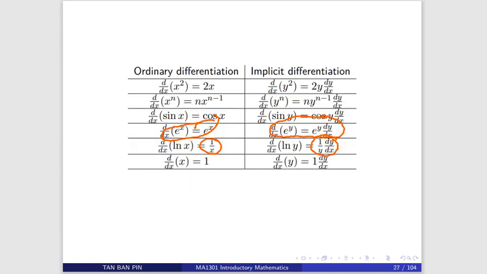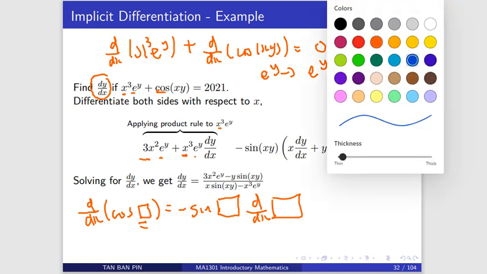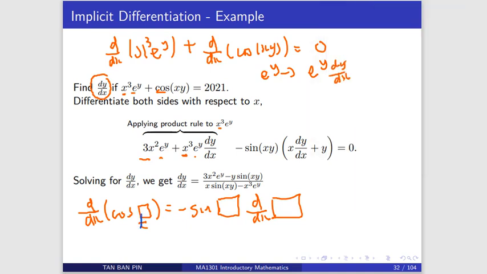If you look at the formula, d/dx of cosine x equals minus sine x. So if you change it to box, it will be minus sine box, d/dx box. And now what do we have? You fill in xy.